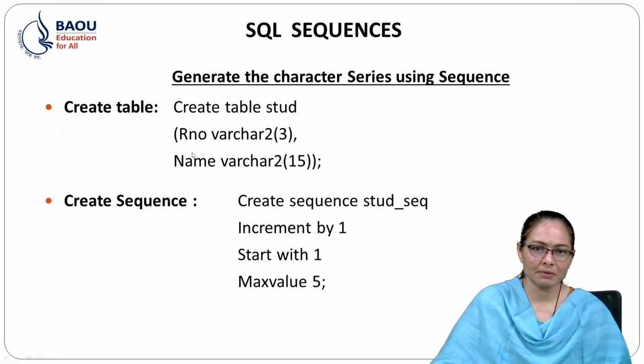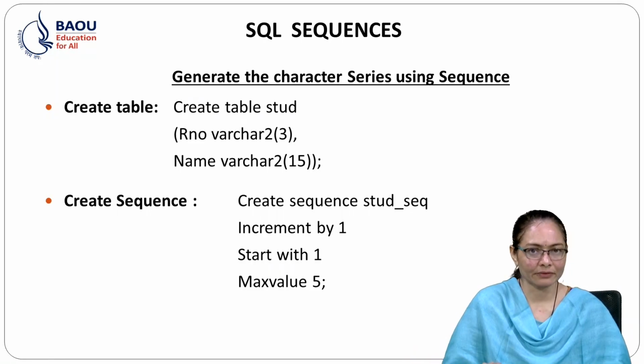See, remember this. Roll number is a varchar2, not a number, because we want to generate a character series using the sequence. So, the roll number is a varchar2. We input the value in the roll number in character form.